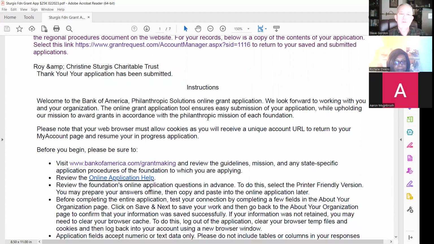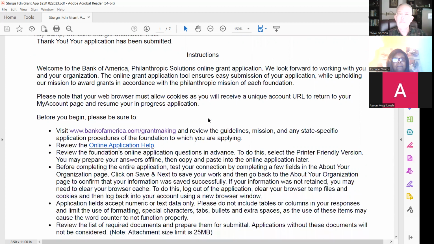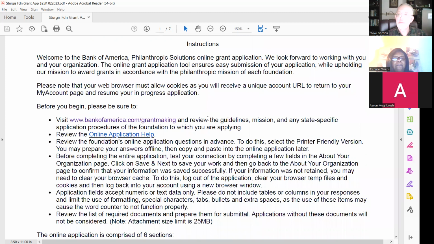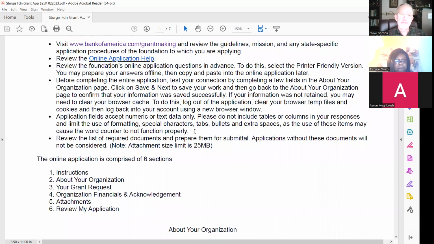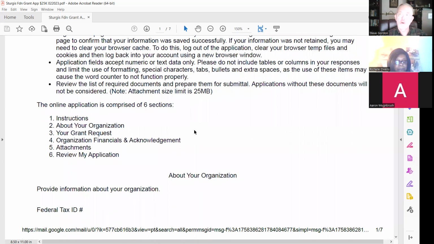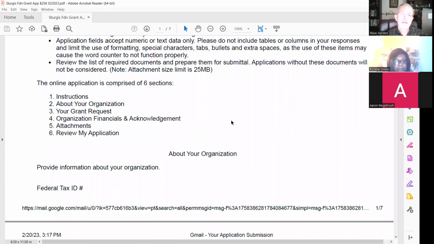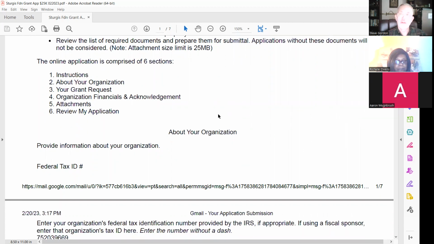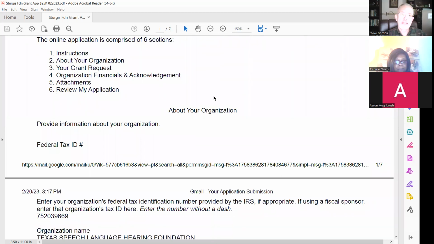And then it starts off with the top of the application. They're feeding this back to you. This is what you saw online, but now they're feeding it back to you. And so these are the instructions that they had to begin the application. That starts the email, and then it gives you the table of contents, and then here's the sections and the questions and the answers.